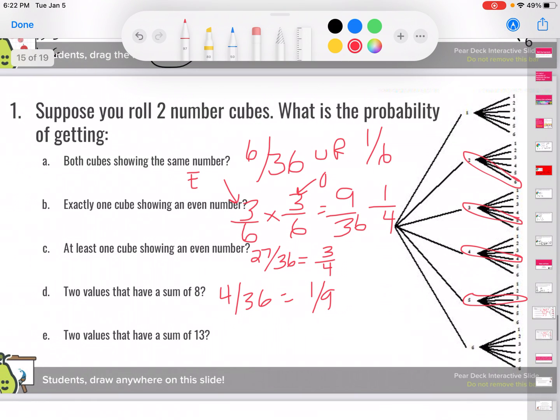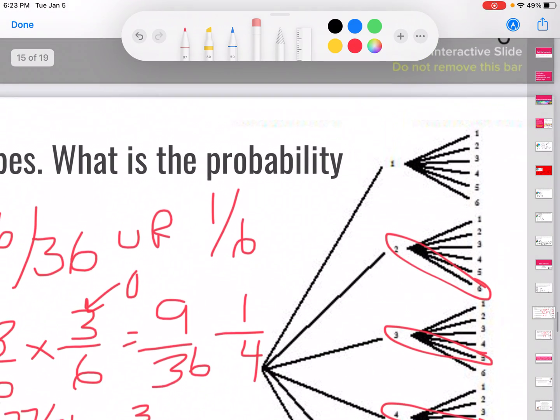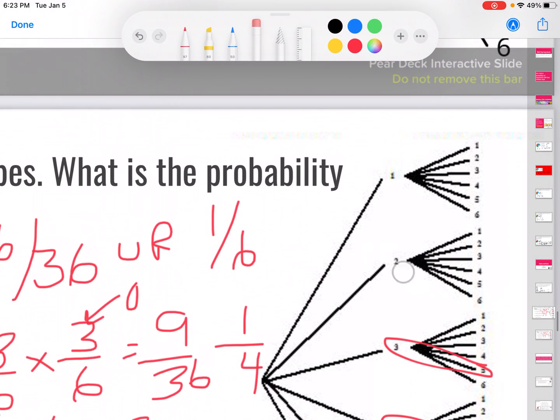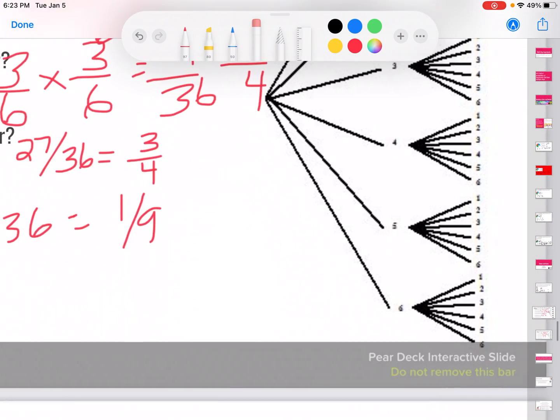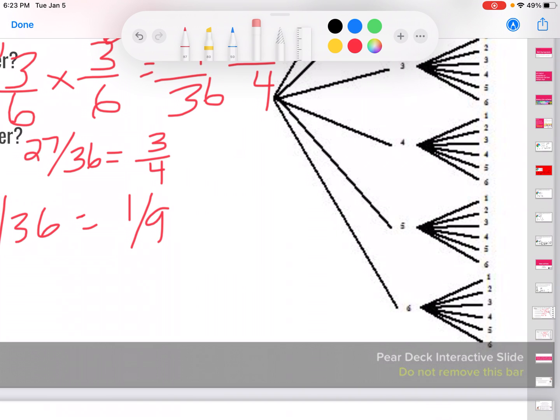And the last one is two values that have a sum of 13. All right, let's try again. So see how the tree diagram is really helpful in this situation? Sometimes multiplying the fractions works, and sometimes it's easier just to draw out your tree diagram.